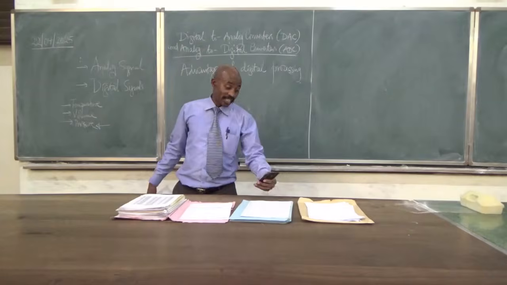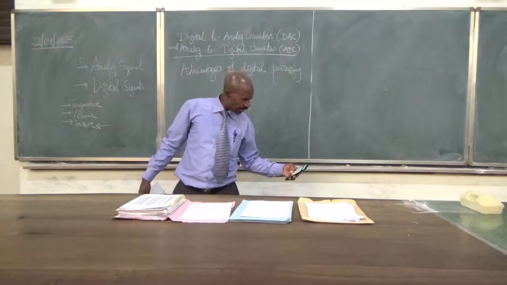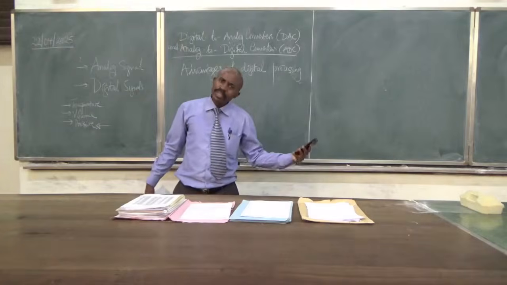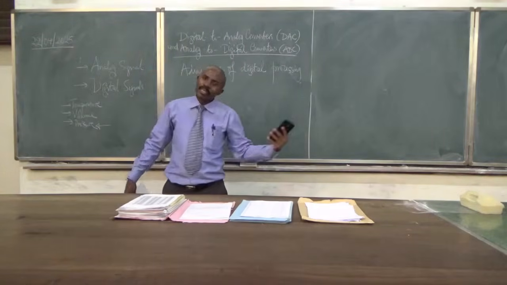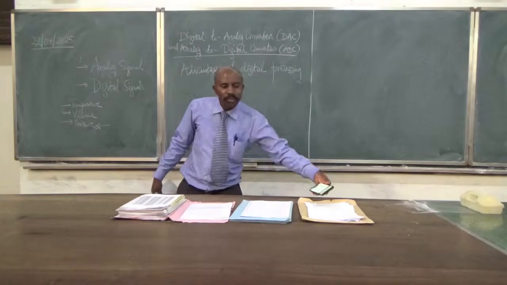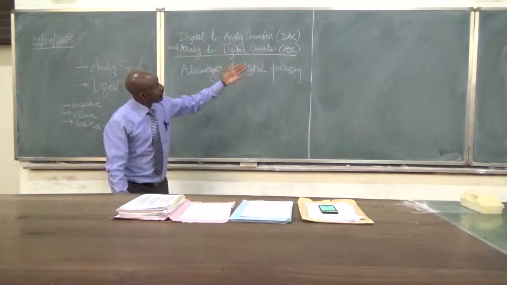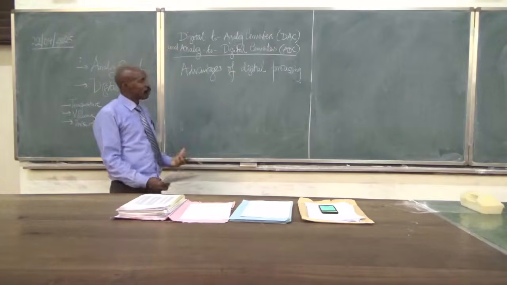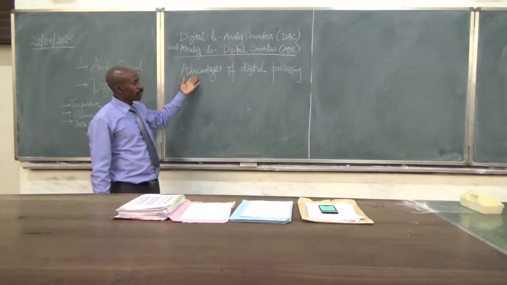I can scroll through and see, because it has been converted into analog from what was digital for me to be able to see. So that's why it is ADC, DAC. We need to know the two. But why the hassle? We need to know the advantages of digital processing.